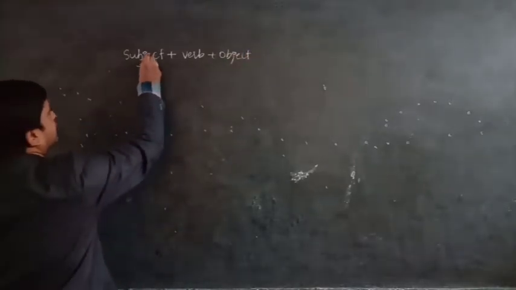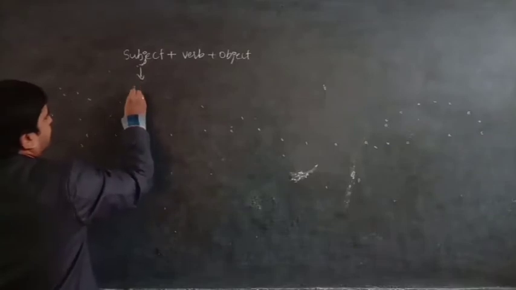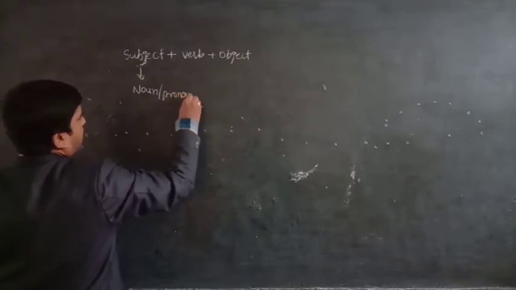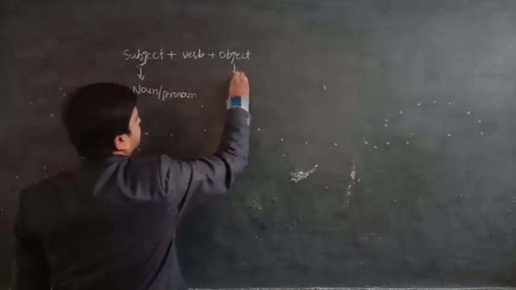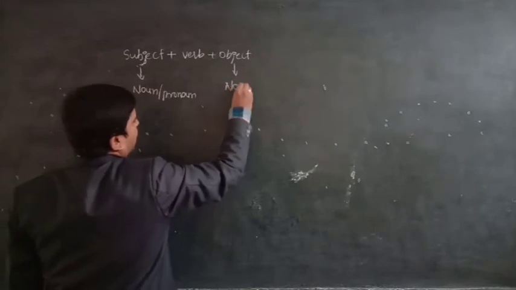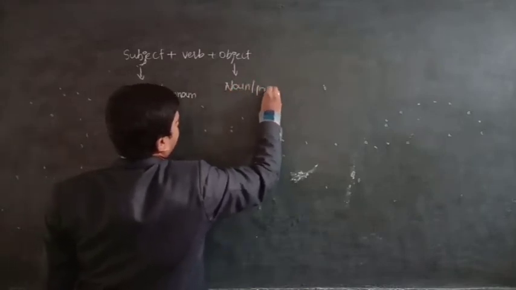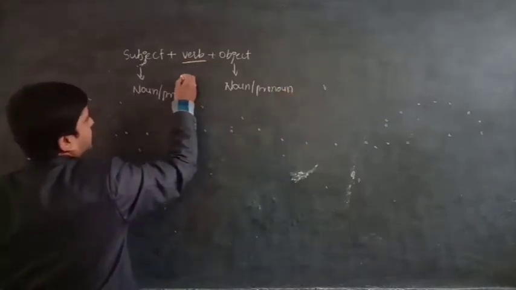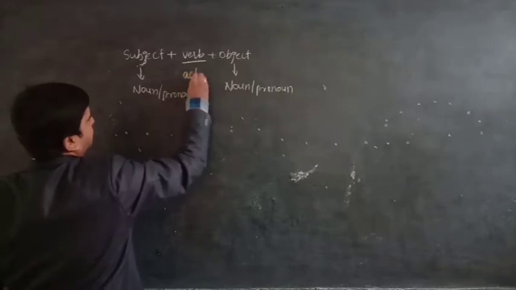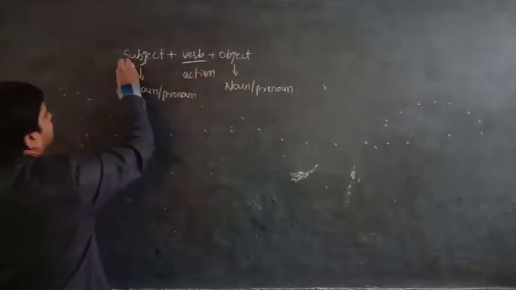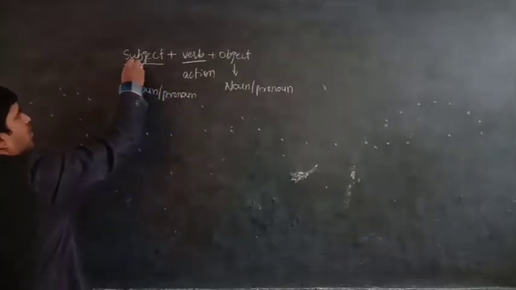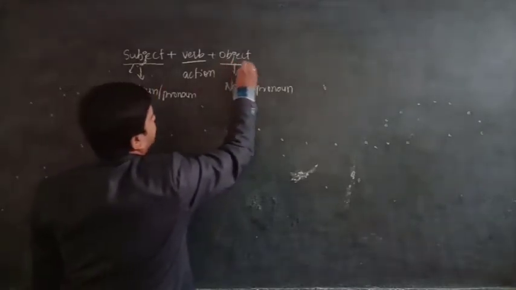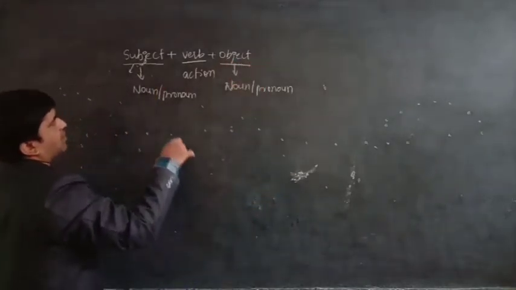This subject may be a noun or pronoun. The object may also be a noun or pronoun. And the verb indicates an action. The subject is the one who does the action, and the object receives the action.